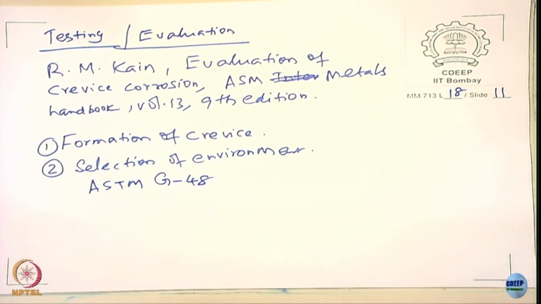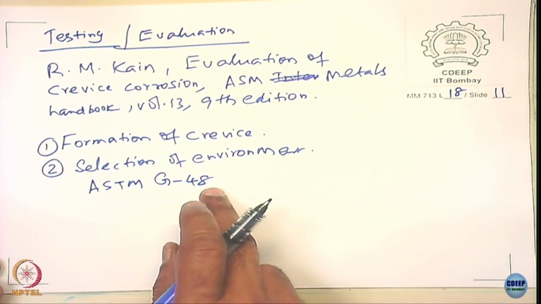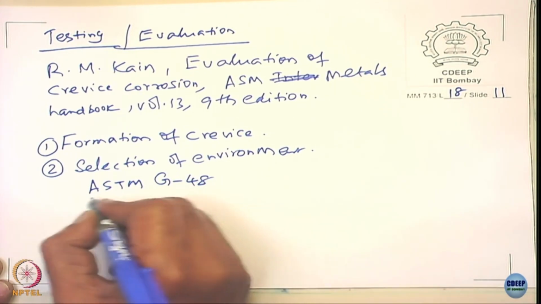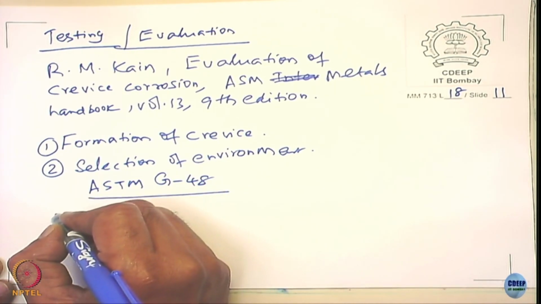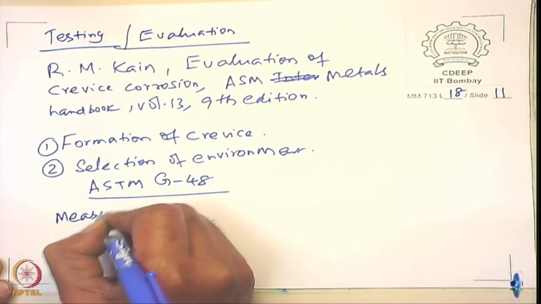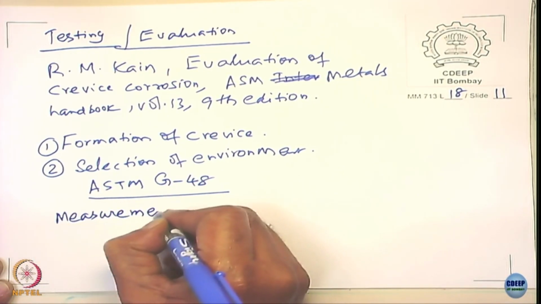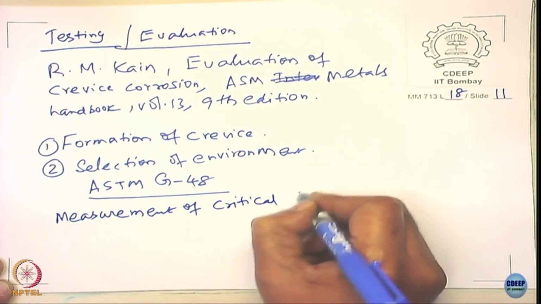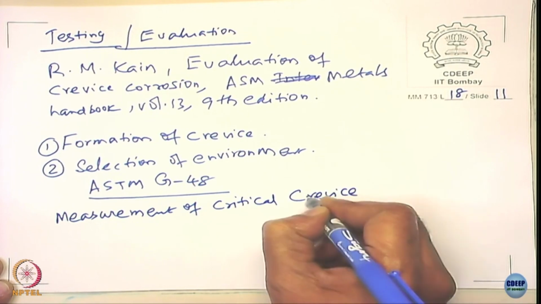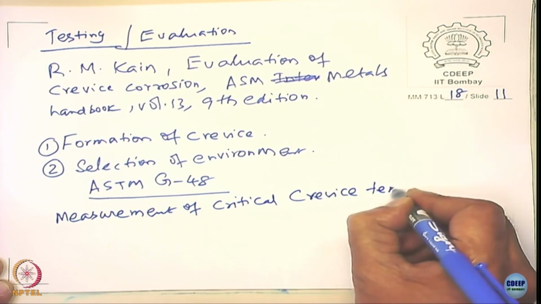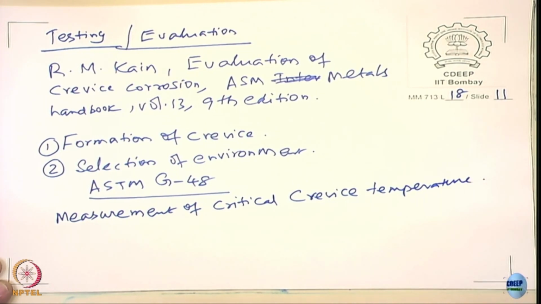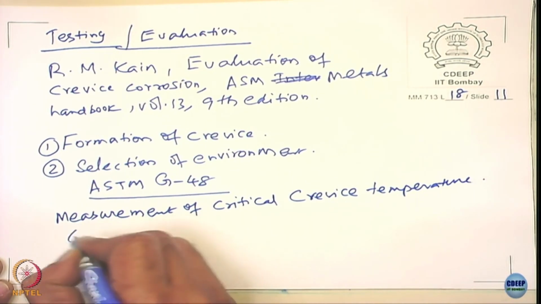It talks about the crevice, measuring the critical crevice temperatures. And here the solution is 6% ferric chloride solution.